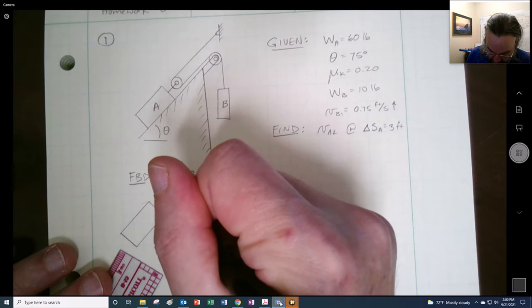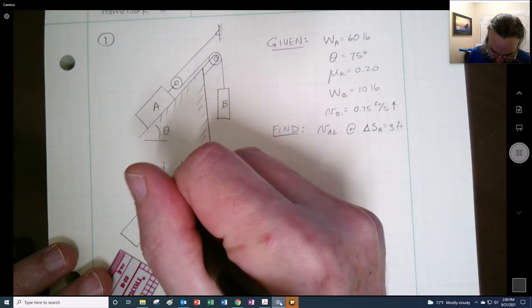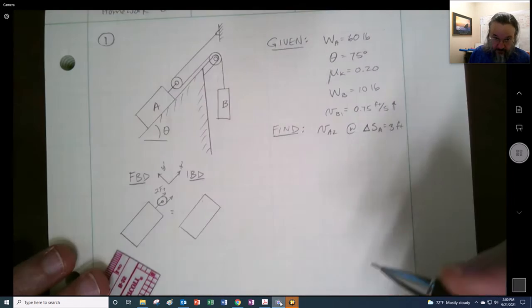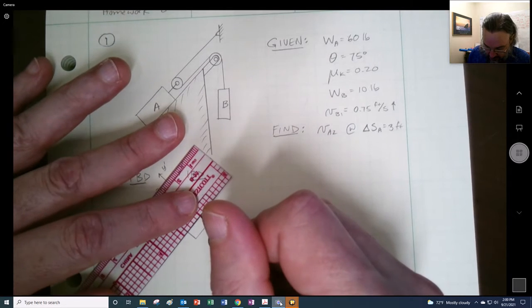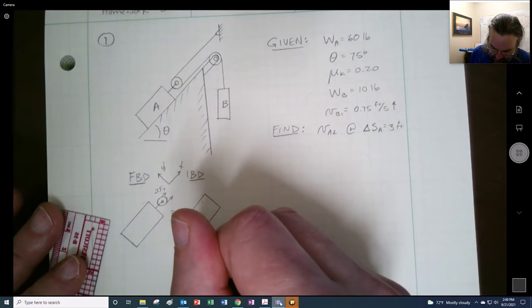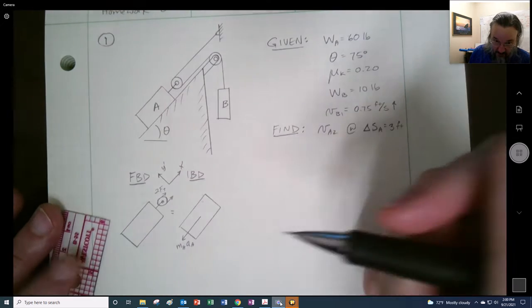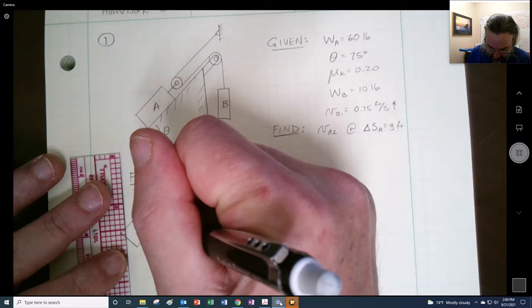So this will include the little pulley, and this is going to be 2 times the tension. And I guess it's accelerating. This is actually accelerating down that way right there. So here's the mass of A times the acceleration of A, even though we're not going to need it. What we will need is this weight right here.